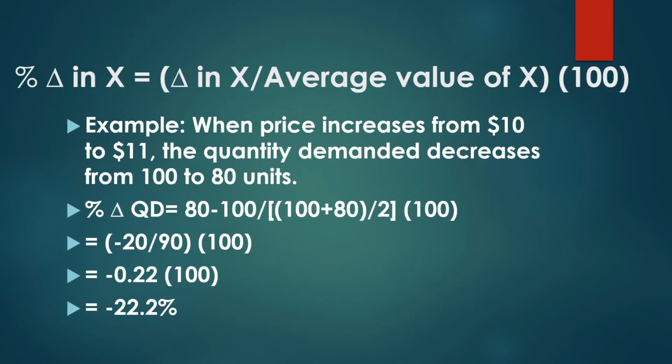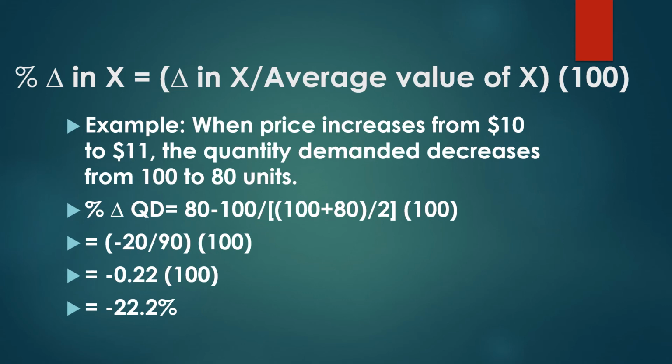So we can see this here. I'm not going to spend a lot of time. You can pause this and look at the numbers if you want. But again, we're looking at the same thing. Price increased from 10 to 11, quantity decreased from 100 to 80. Using the midpoint method, we have 80 minus 100, so our change is negative 20.